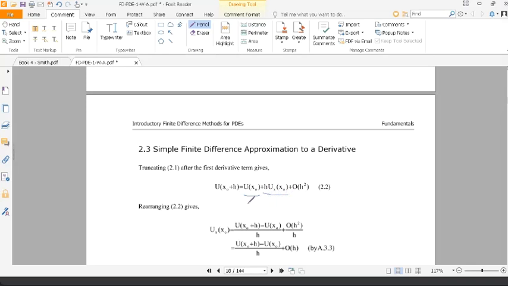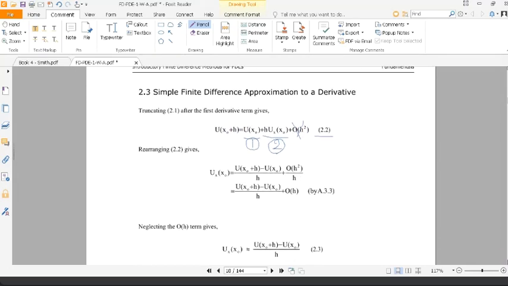We have used only two terms. u of x0 is one term and h u_x of x0 is the second term of the Taylor series at the right hand side. We use only two terms of Taylor's theorem, and 2.2 is the approximation of u of x0 plus h when we neglect O(h^2).